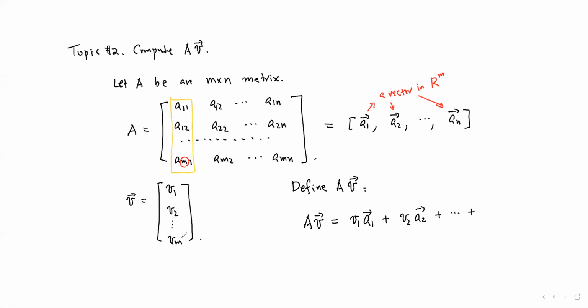The last term is scalar Vn. Sorry, not Vm. Vector V should have n entries, Vn.